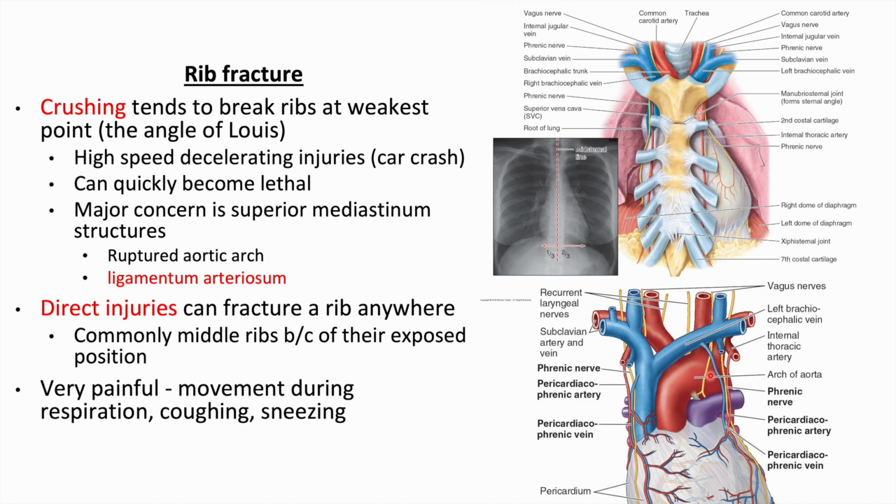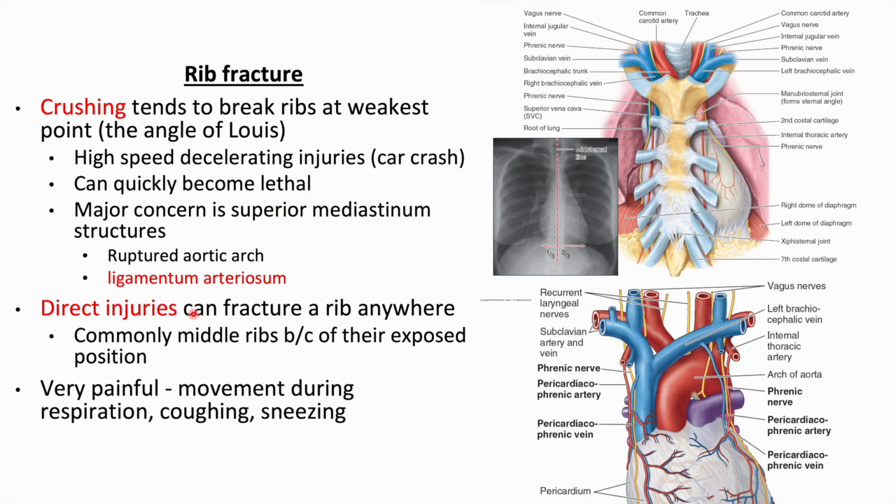You're going to bleed out really quick. Another important structure, which we'll look at more when looking at the heart, is the ligamentum arteriosum. That's this little white structure connecting the arch of the aorta to the pulmonary trunk. That's another really susceptible area for injury, because if that gets ruptured, again, it can become lethal really quickly.